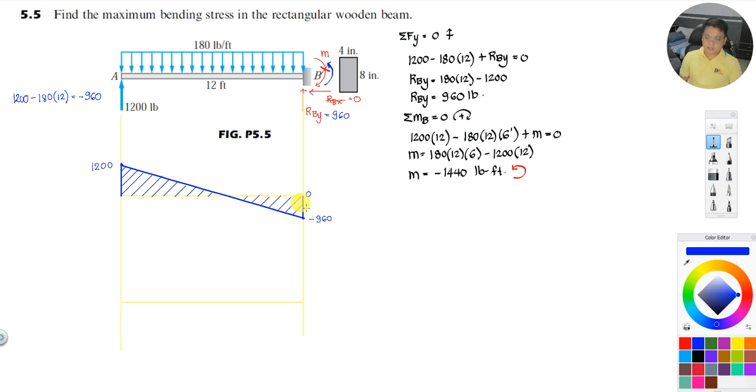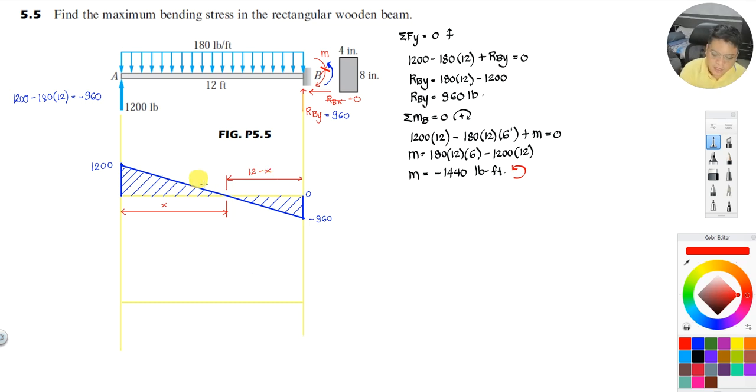Okay, so that is now your shear diagram. So, for the moment, syempre, kailangan malaman natin ano muna yung distance nito. So, we want to know that distance. Okay? And that would be our x. So, if that would be x, then this distance would be equal to 12 minus x.